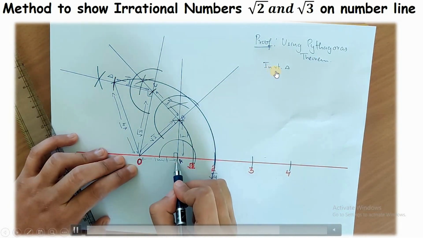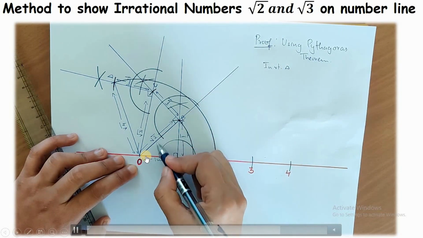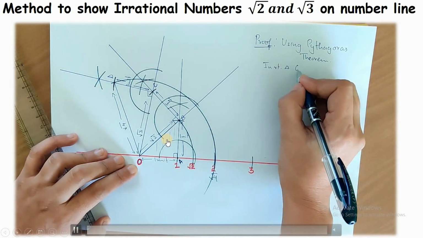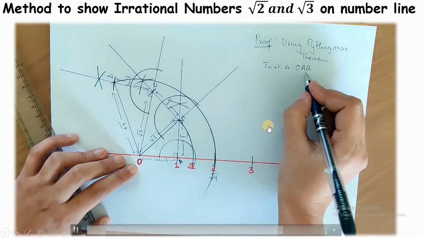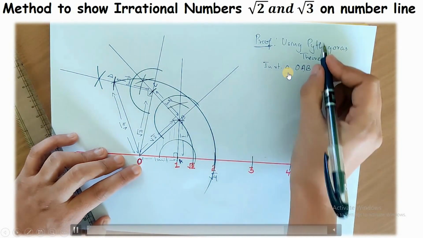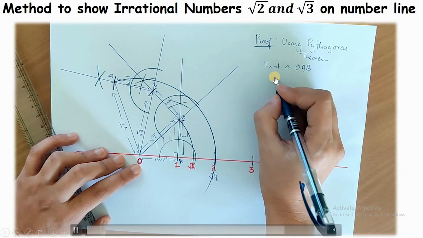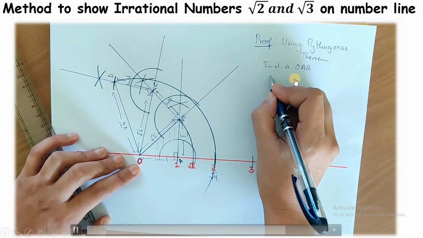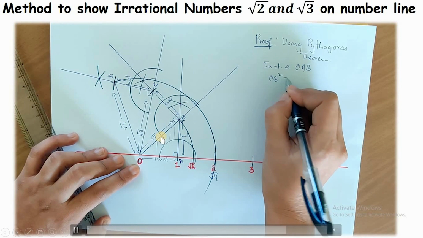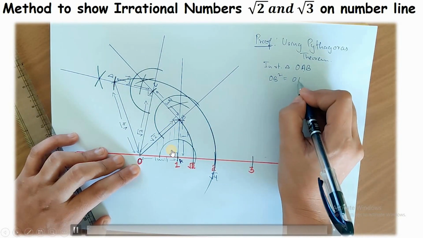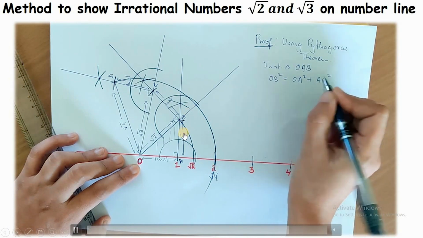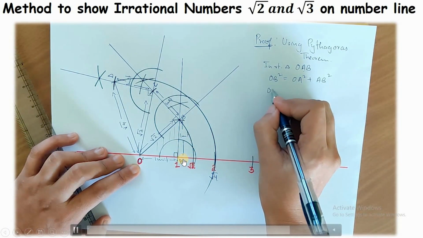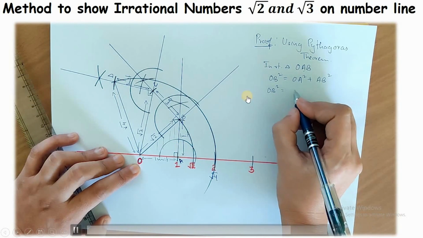So in the first case, we'll take the right triangle OAB, that is the shaded portion, right angle at A. So Pythagoras theorem states that hypotenuse square is equal to perpendicular square plus base square. So opposite to the angle measuring 90 degrees, that is OB square is equal to OA square plus AB square.